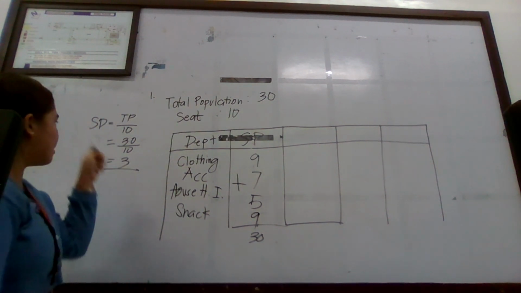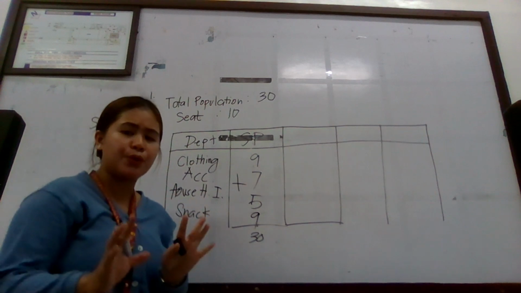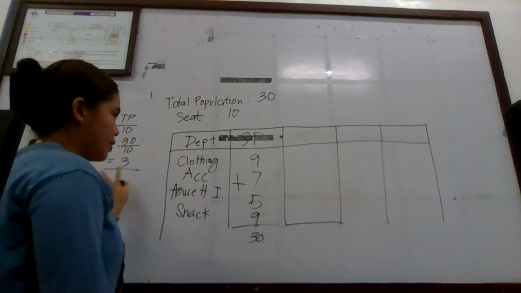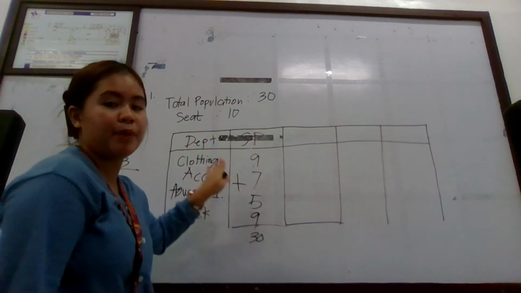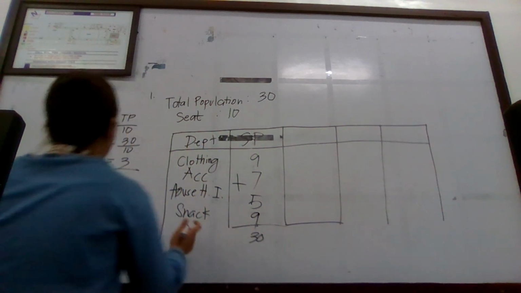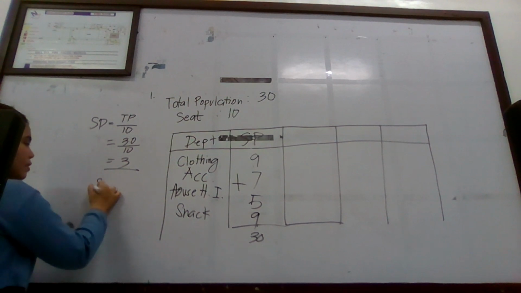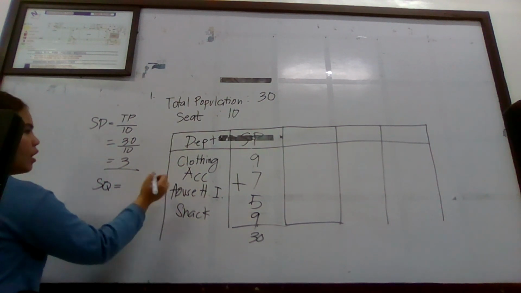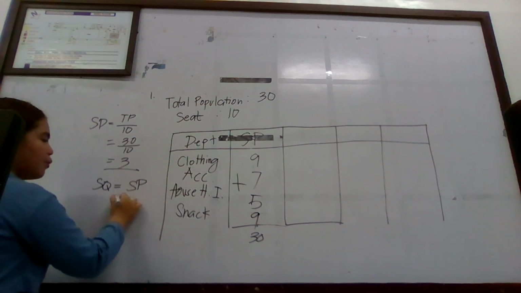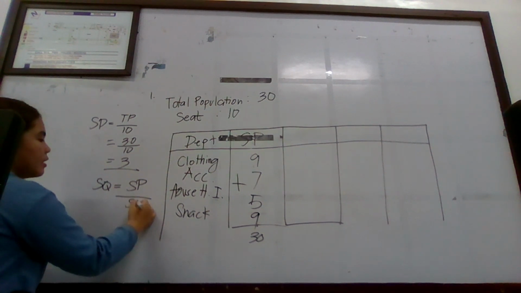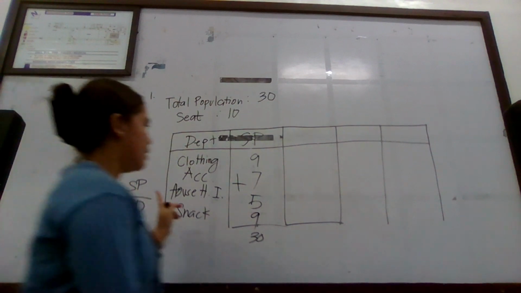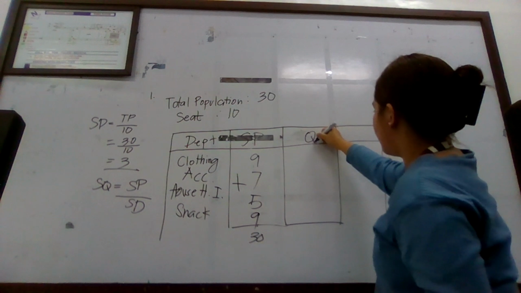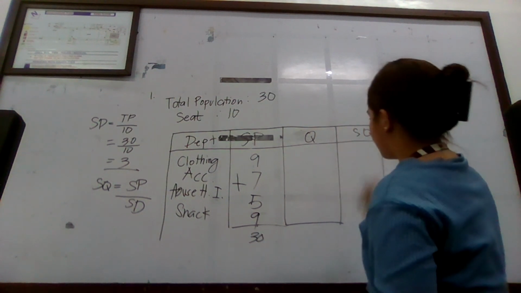So the next thing that we need to do is to divide each state population by our standard divisor. So this is our standard quotient formula, which is the state population over the standard divisor. So this will be our standard quotient.